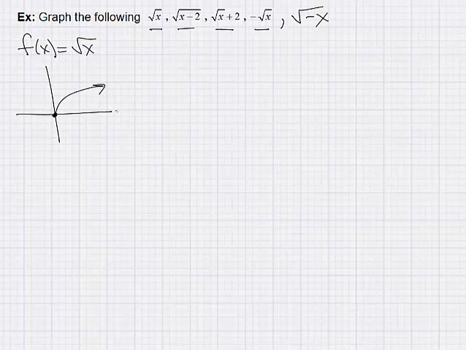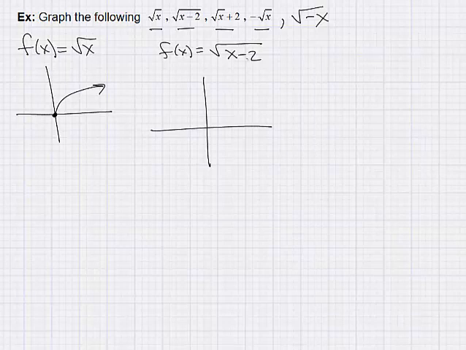That's it. How about f of x equals the square root of x minus 2? Well, that minus 2 is inside the root. So that's going to be a horizontal shift to the right. So I'm going to go right 2 units, and I have this graph there. That's that one.